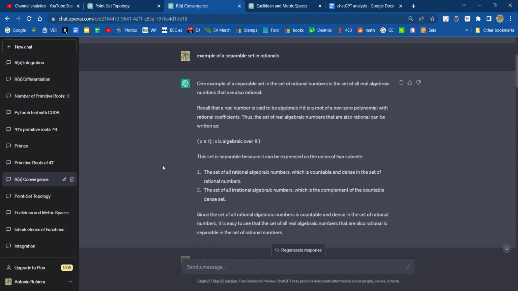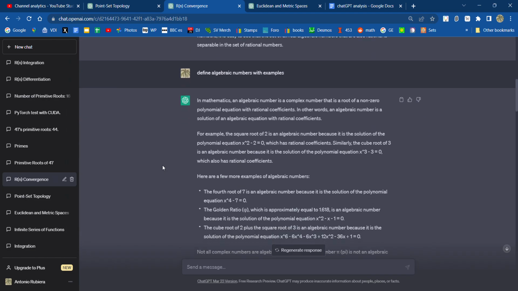So I mentioned algebraic numbers in this definition. I would have asked more, but I got what I needed, so I kept going. I was only asking for an example.